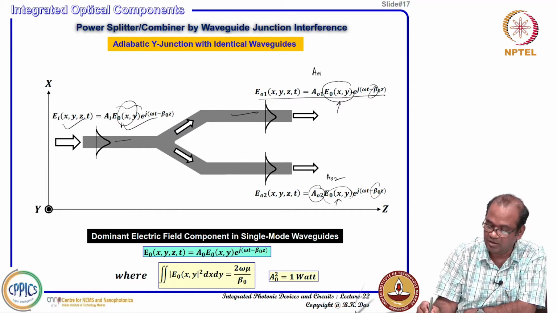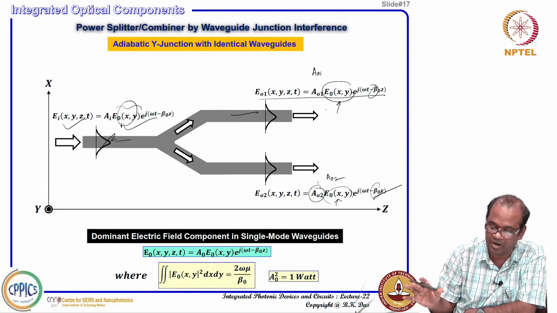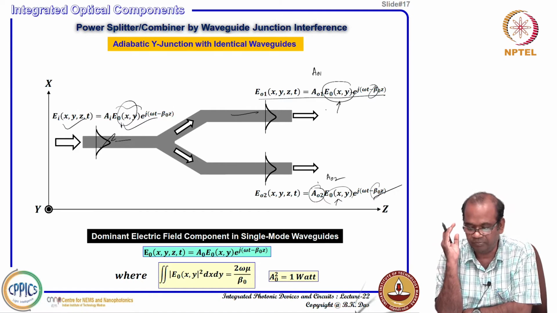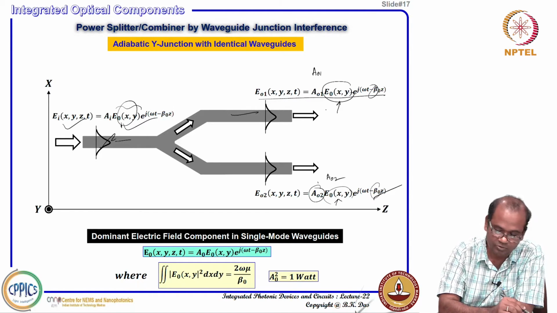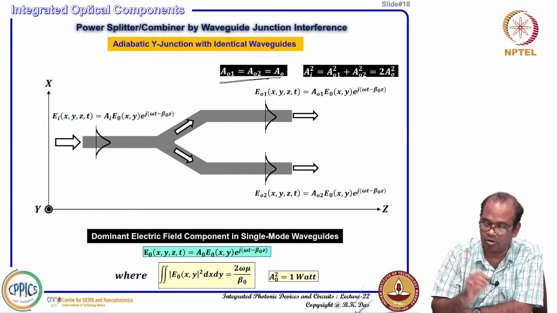You do not need to bother about beta naught, because beta naught here and here are all the same, identical waveguides. Propagation constant is the same, field distribution is also the same. So, amplitude is the only difference you can make out here. That is the reason we can simply say that amplitudes A naught 1 and A naught 2 are equal to A naught.